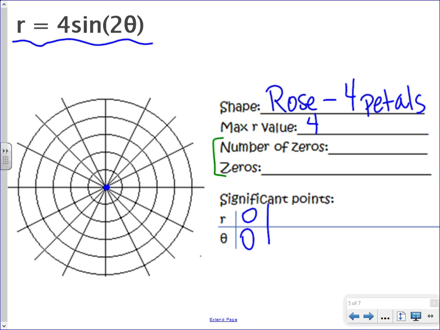But on a specific angle, what would be 4? The R value, correct? We want to know at which angle we have a length of 4 so we know where to put our petal. Does that make sense? Okay. So our R value for our petal would be 4.